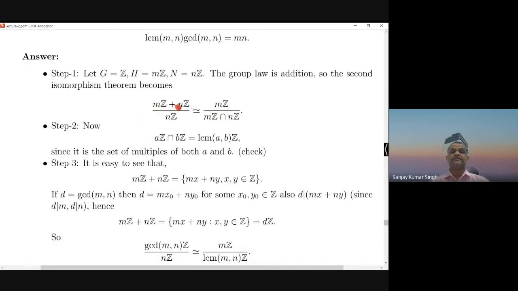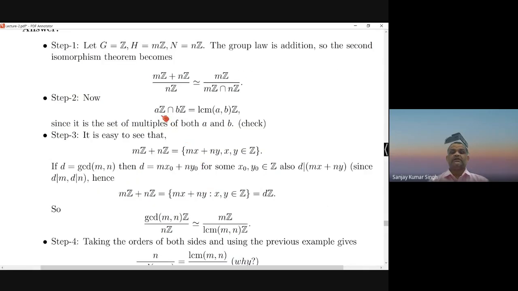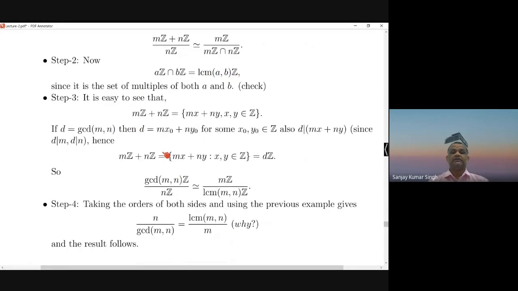HN is basically the sum, where H is mZ and N is nZ. And H intersection N is mZ intersection nZ, which is the LCM of m and n times Z, and the sum comes out as the GCD. So if D is the GCD of m and n, then the set mZ plus nZ is generated by D. So it is basically DZ.